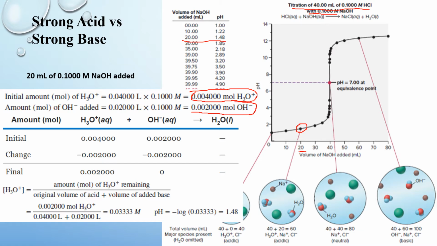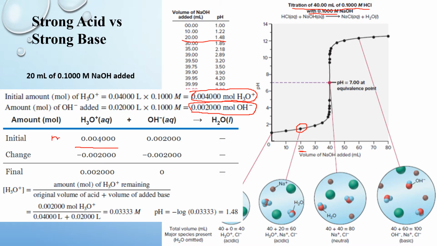Here I'm talking about the number of moles, not the concentration, because for acid-base neutralization, you want the same number of moles of the proton and the hydroxide. The proton and the hydroxide will react and form water, which is a neutralization process. This process can go to 100% completion. So we say the amount of base added is equal to the amount of the proton consumed. We start with 0.004 moles of proton.